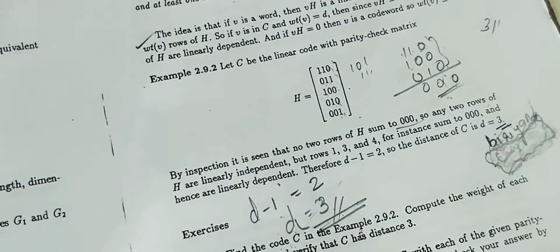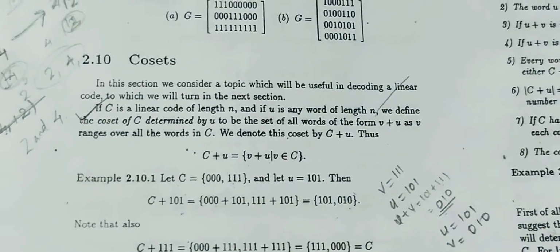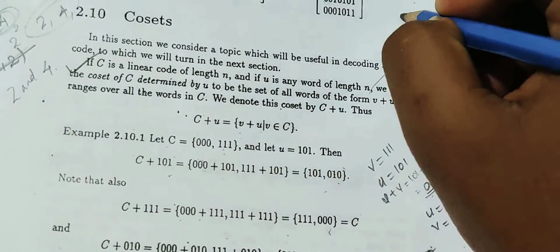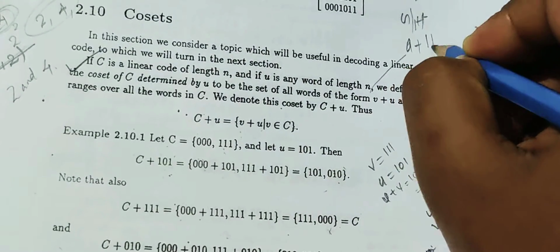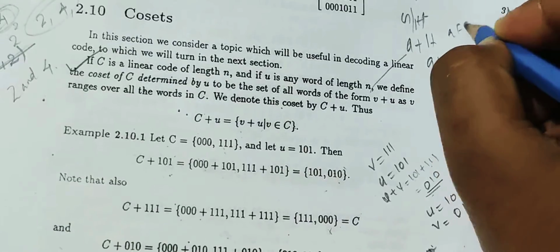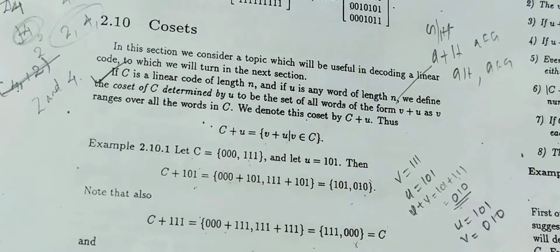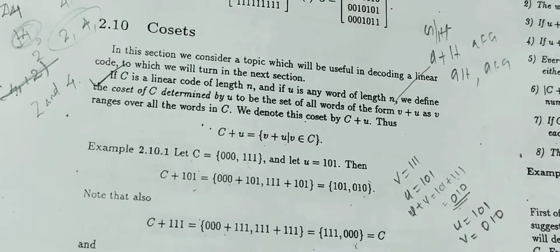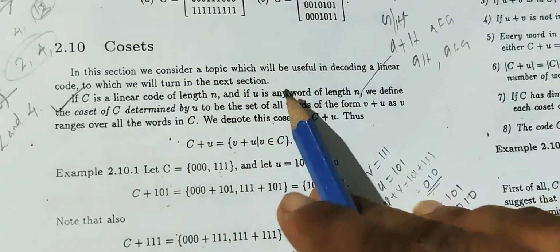Okay. So that is the distance, and the next section is cosets. Cosets: usually, if we consider the group case, G over H being a group, its representation is A plus H or AH, where A belongs to G. This is the left coset. Similarly, the right coset is H plus A or HA. So here C is a linear code of length n, and U is any word of length n.